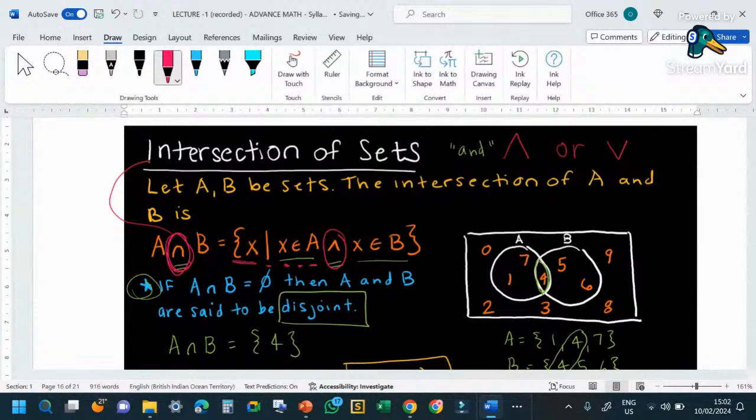It means it's true to A and it's true to B. That's the intersection. The A union B is an or, an element of B or element of A. You just have to unite them and cancel the common. Here you are interested in the common element.